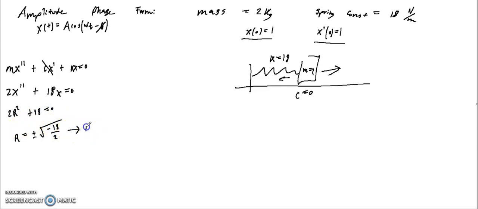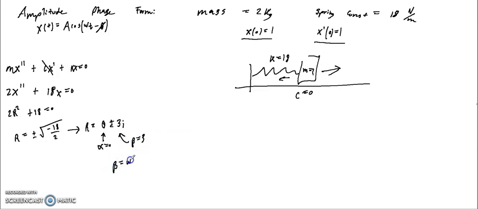So this is just r equals plus or minus, r equals 0 plus or minus, well, the square root of negative 9 is just 3i. So I added the 0 here because alpha just equals 0, and beta equals 3.